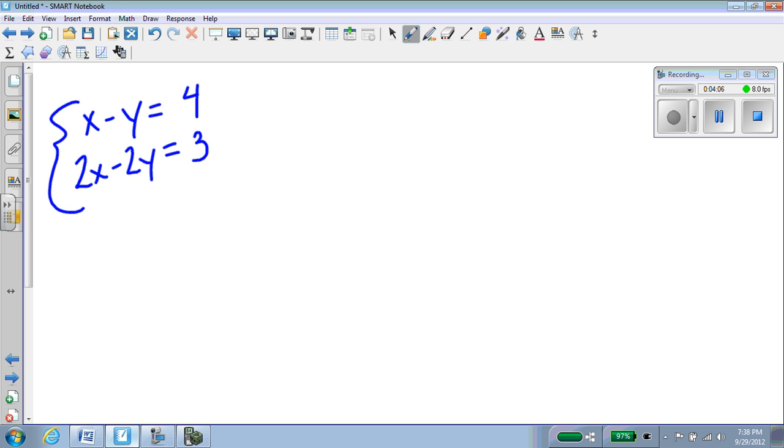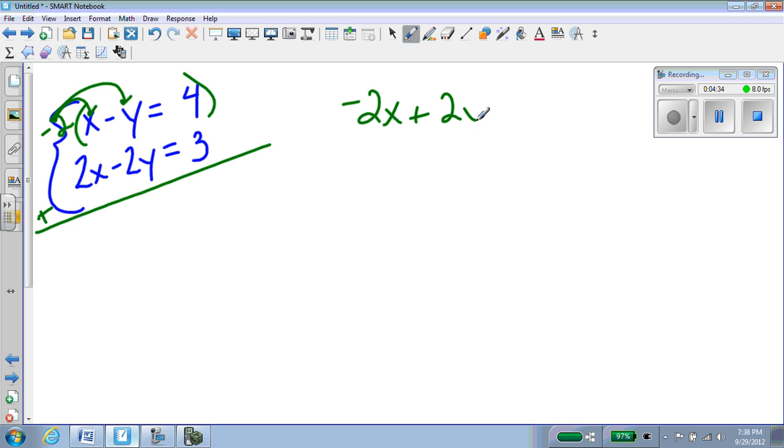Okay. If I drew a line and said add, my x's would not eliminate. My y's would not eliminate. I am going to multiply the top equation by negative 2. Then my x's would eliminate. So I'm going to get negative 2x plus 2y equals negative 8.